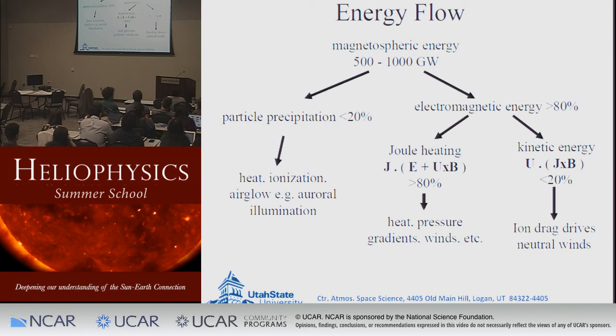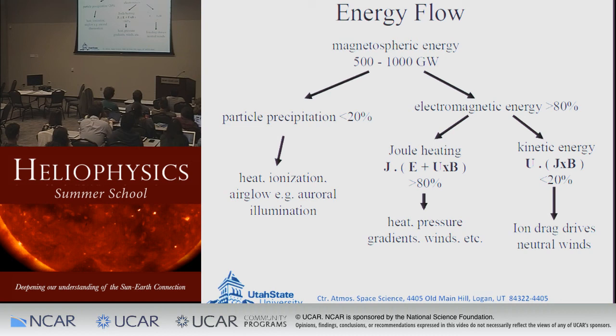Of that 80%, the bulk of it, though I'm not sure I necessarily agree with these rounded-off numbers, is mainly joule heating that ends up in this layer we've talked about where the conductivities are high. That's where the energy is being dumped. There's heat, there are pressure gradients. When we get to the second talk this afternoon, there are a couple of other aspects we'll bring up that are really important for exoplanets. But the other part is this kinetic energy.